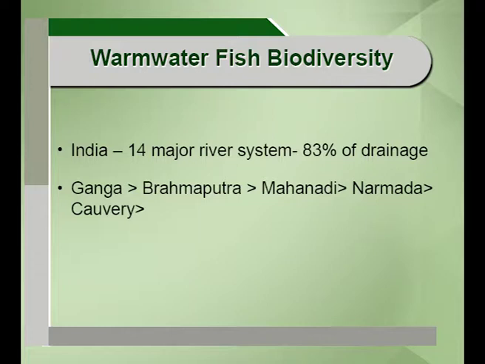This river system is a very important thing as far as warm water fish biodiversity is concerned. When you look at them one by one, in the Ganges you will find more than 250 warm water species. In the Brahmaputra around 200, in Mahanadi around 99, in Narmada about 90, and in Kaveri around 70 species.